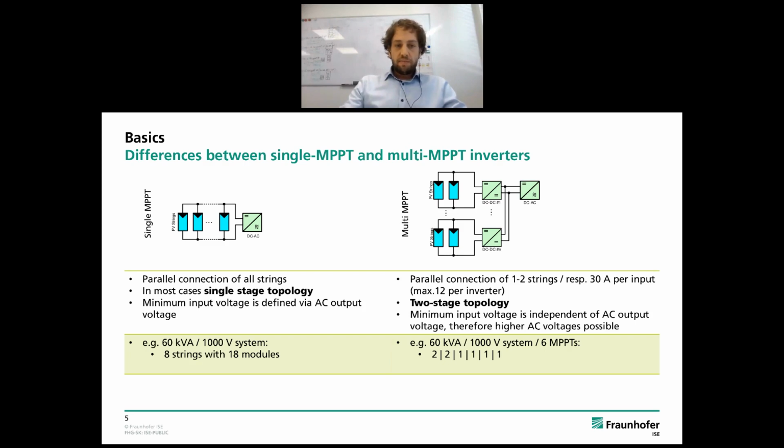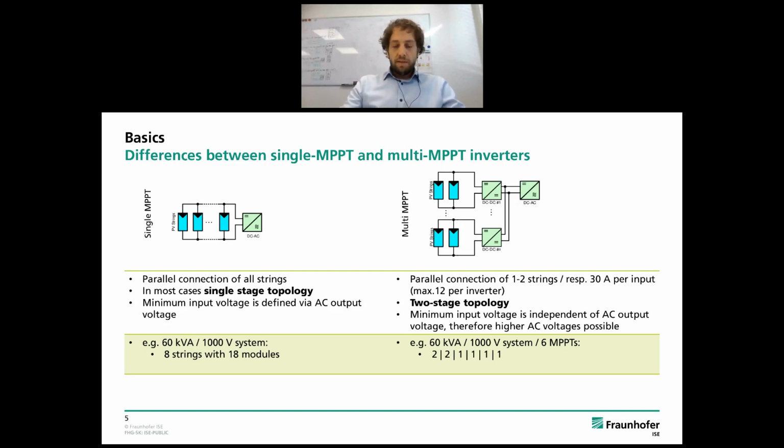That is the reason that in most cases you will have a single-stage topology inside the inverter, with the drawback that the minimum DC input voltage of the inverter is defined by the AC output voltage that you would like to have.